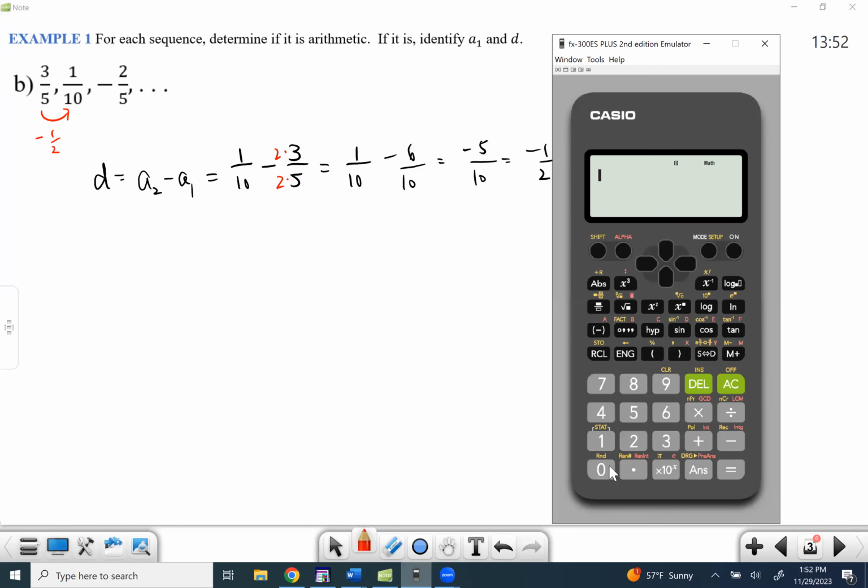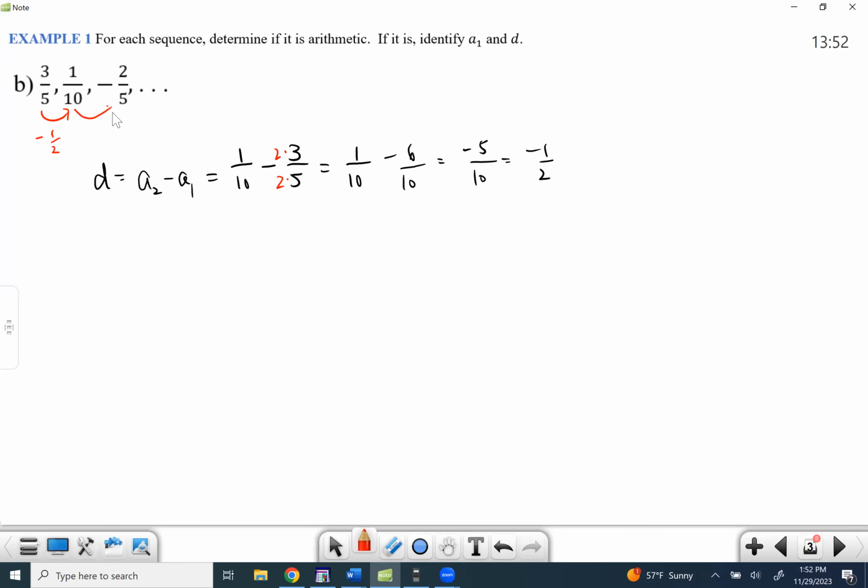So let's go see. 1/10 minus 1/2. Oh my goodness, I didn't get out of the denominator. I don't use a calculator very often. All right, minus 1/2. That got us -2/5, right? So it did work. When we subtracted 1/2 from this one, it gave us -2/5.